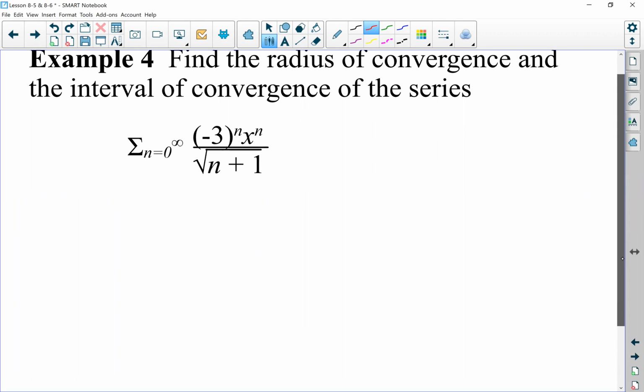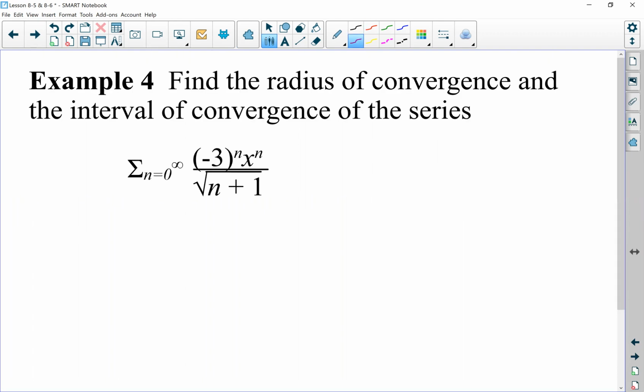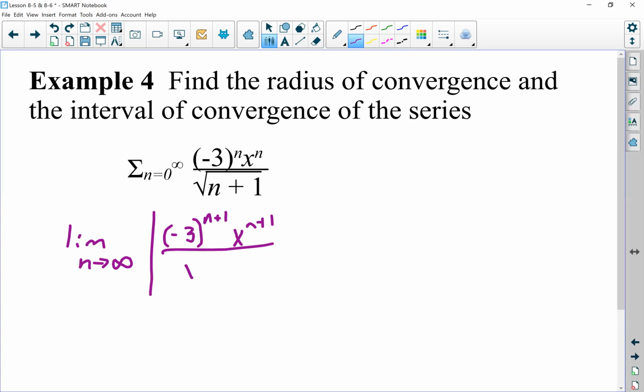So we're going to take the limit as n approaches infinity. And I'm going to write it this way, even though it looks really weird, but I'm plugging in n plus 1 everywhere there's an n.